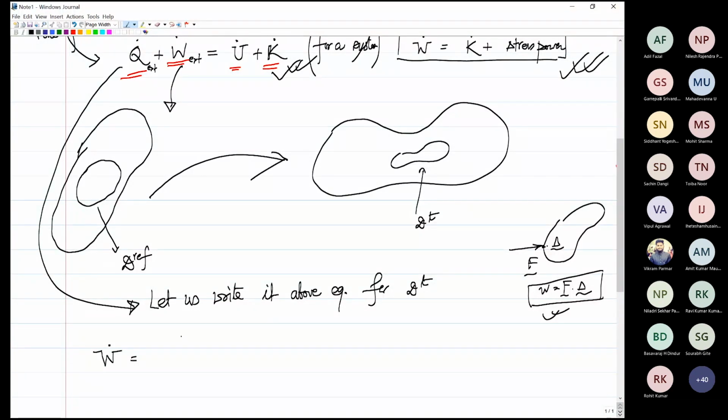This then becomes the surface integral over the boundary of dt of the traction T dot v dA, and for the body force, the volume integral over dt of rho b dot v dV, where b is the body force per unit mass, so rho b is the body force per unit current volume.